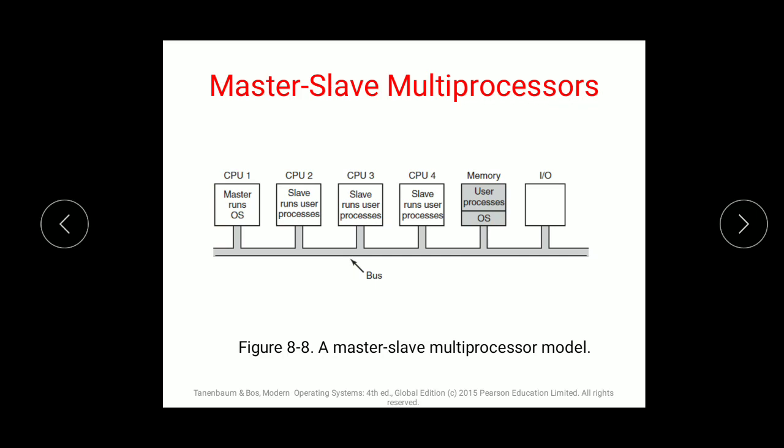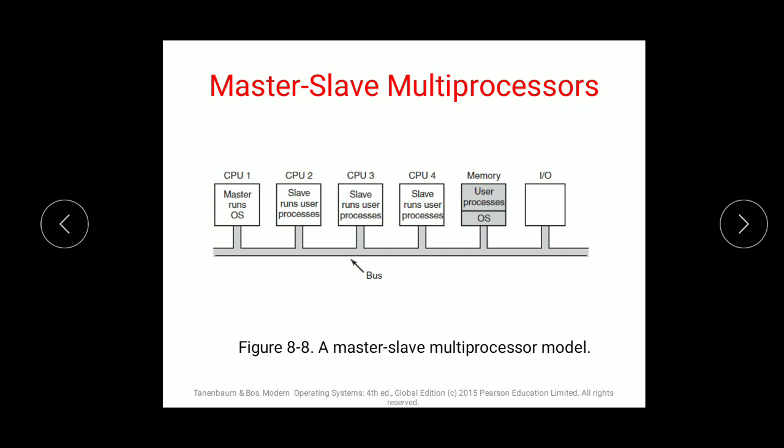All system calls are redirected to the master for processing. So the CPU which is going to look after all these functions and operations is the master CPU. The master CPU may also run user processes if its time is left over.